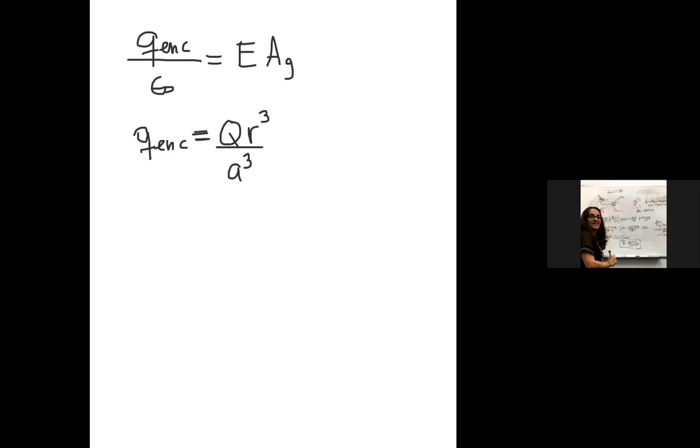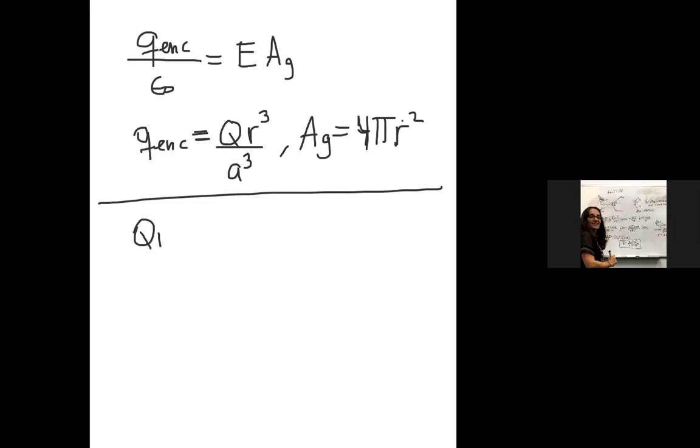And then the area of our Gaussian, the area of a sphere, is 4 pi r squared. So put that all together. We have Q r cubed over A cubed epsilon naught is equal to E times 4 pi r squared.